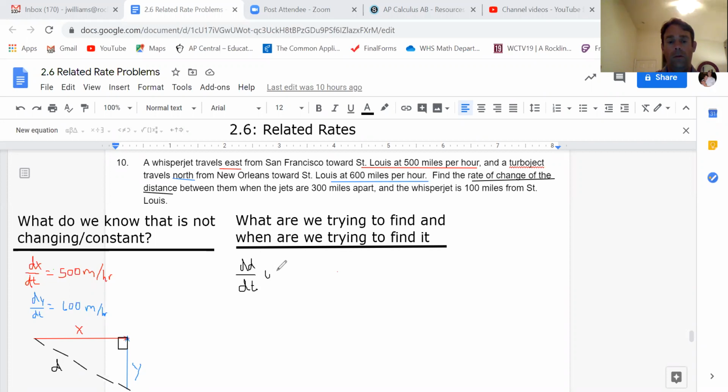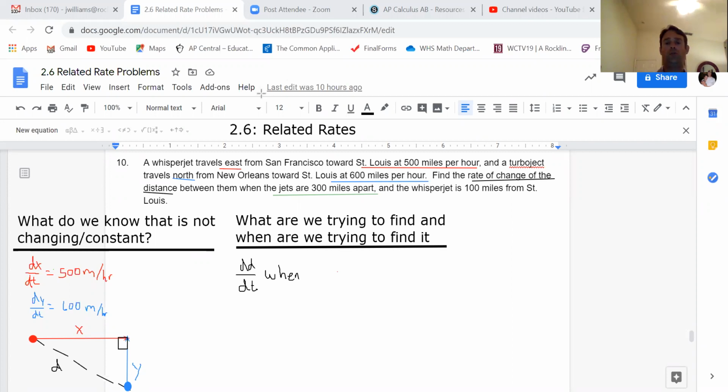when, what? When the jets are 300 miles apart. So the jets, so if this is our first jet right here, our first jet, and our second jet was down here.